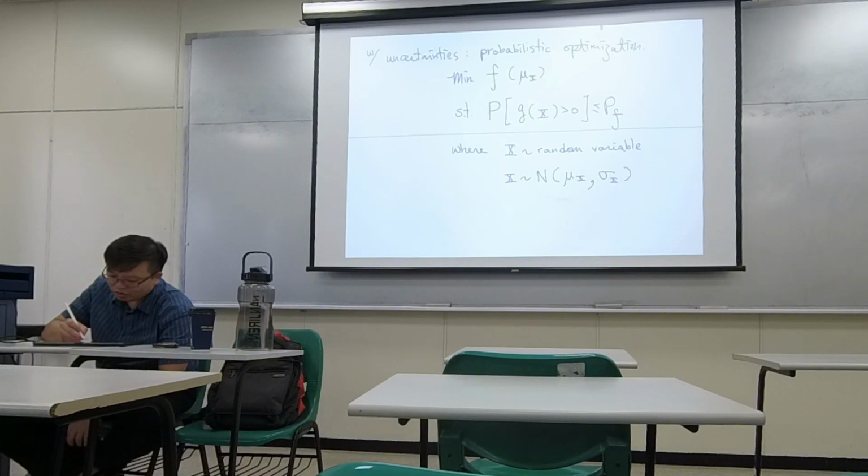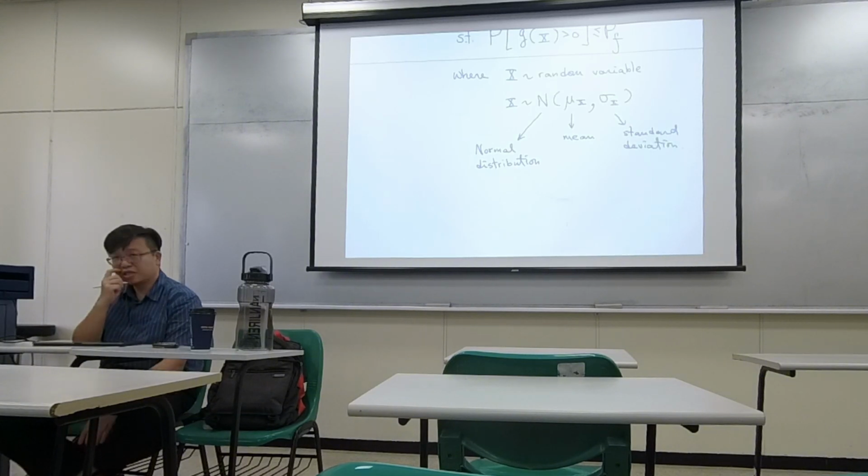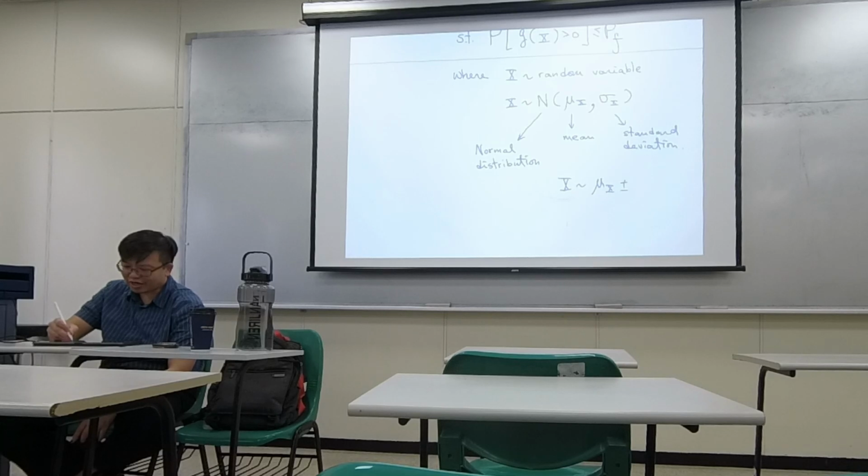Okay, so what is N? N means normal distribution. Mu is the mean, and sigma is the standard deviation. So X is like a mean value plus or minus sigma x, something like that.